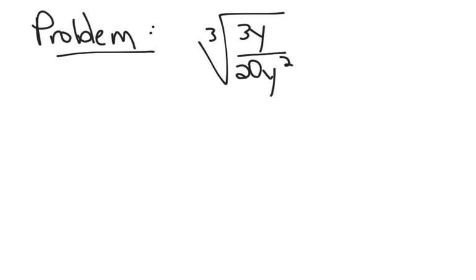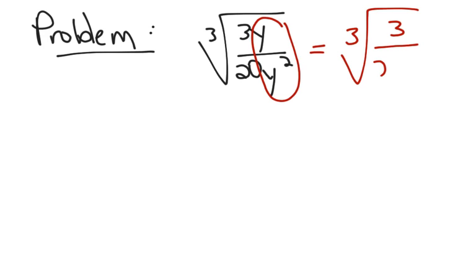Let's try that one more time just for posterity. Let's rationalize or simplify the cube root of 3y over 20y squared. Well, first of all, if there's anything in the fraction that can be simplified, I want to do that. And it turns out that I can simplify these y's. I get 3 over 20y.